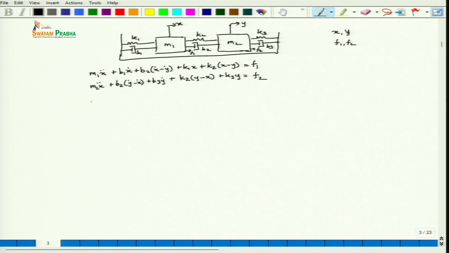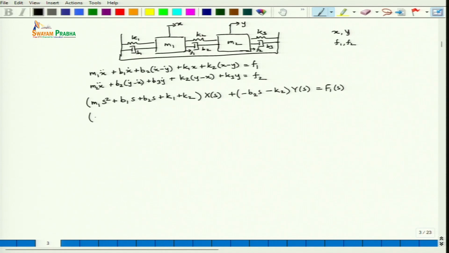So what we will have is (m1 s square plus b1 s plus b2 s plus k1 plus k2) times X(s), and similarly we will have minus (b2 s plus k2) Y(s) is equal to F1(s).